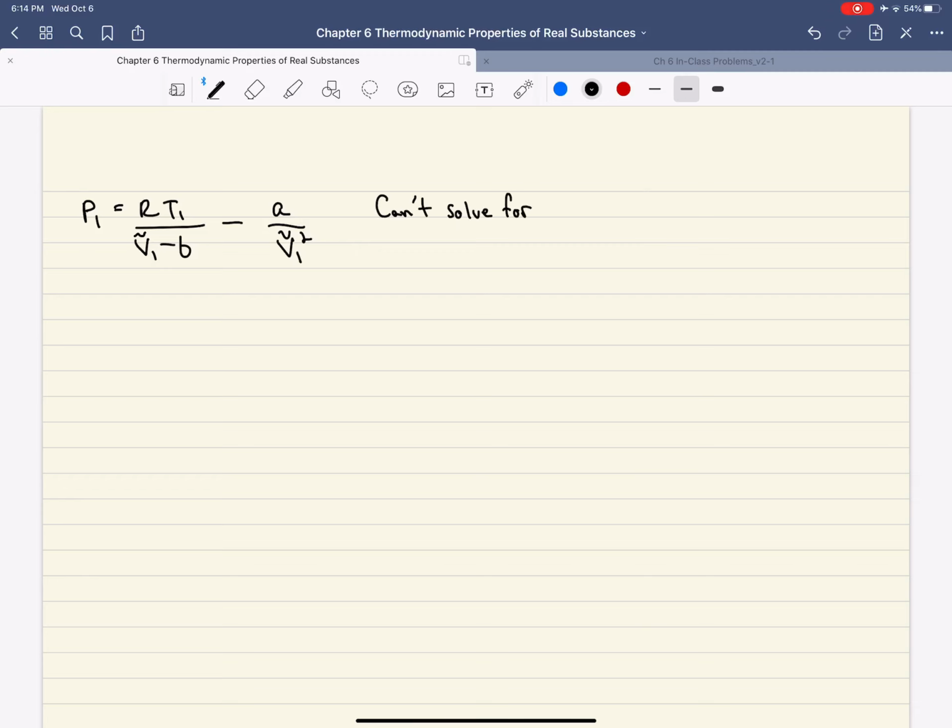But we need that volume term to calculate our departure function and our compressibility factor. And so in order to get the volume, since we do know pressure and temperature and all these other things are constants, what we could do is just solve for it implicitly.